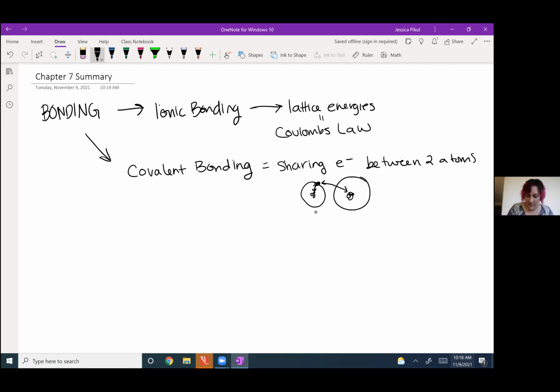The short answer is, to this question of when, is typically when it's 2 nonmetals or more, 2 or more nonmetals that are forming a compound. And I love that answer because metalloids will also form covalent bonds with nonmetals.